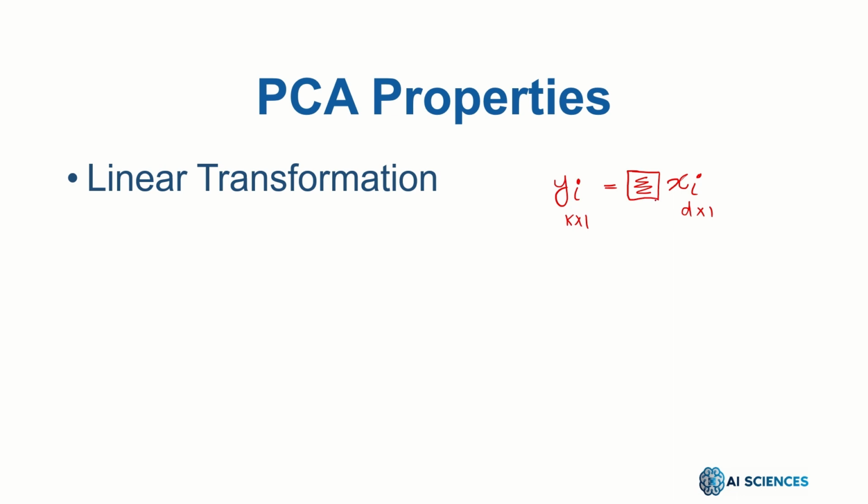So there will be a matrix, k by d, that will transform this xi to yi. If you can achieve any mapping through a matrix multiplication, then that transformation is casually called a linear transform. So PCA in its very basics is a linear transform, which means at the end of the day there will be a matrix that will transform the original data to reduced dimensional data.